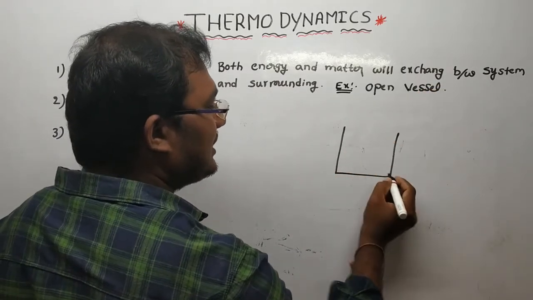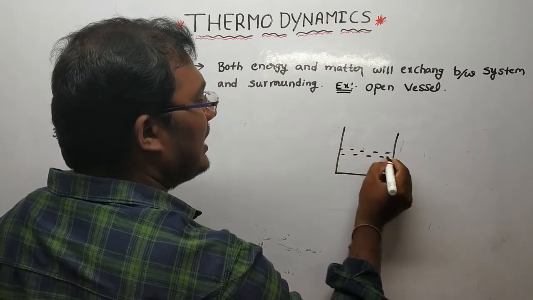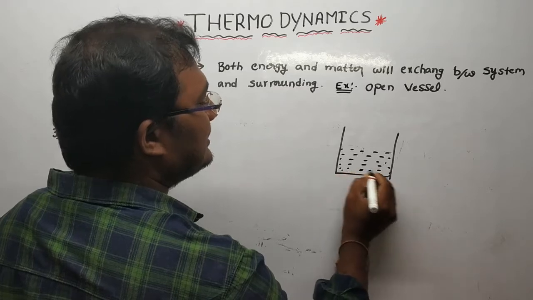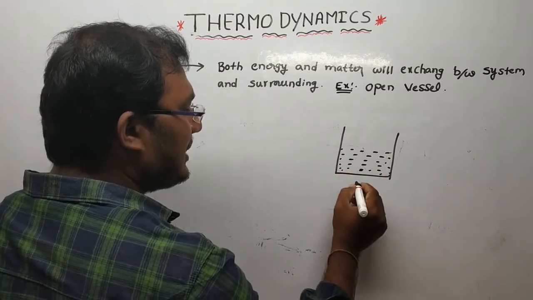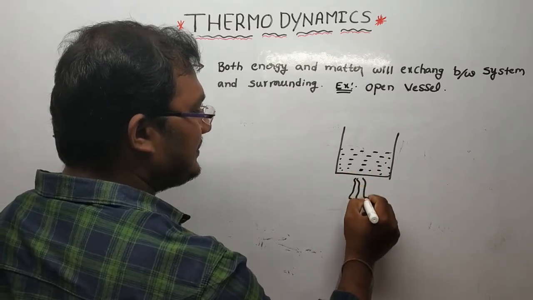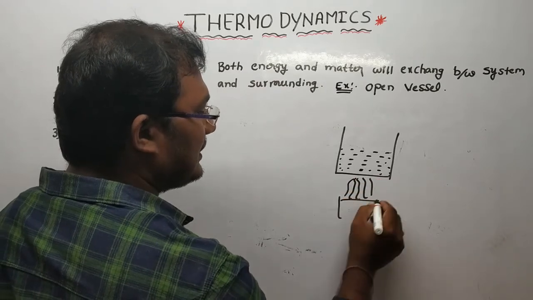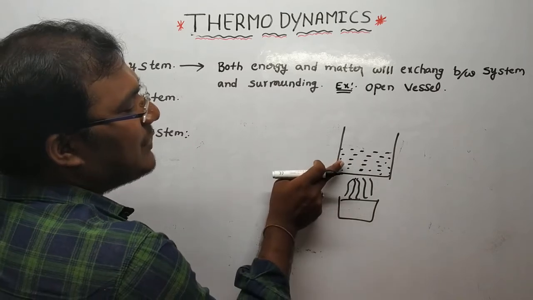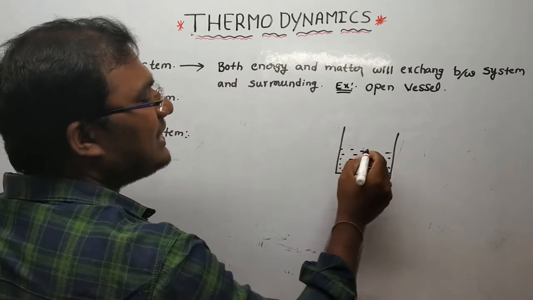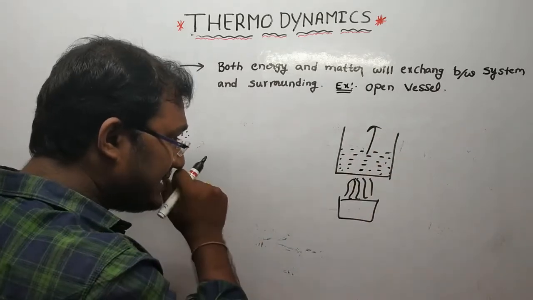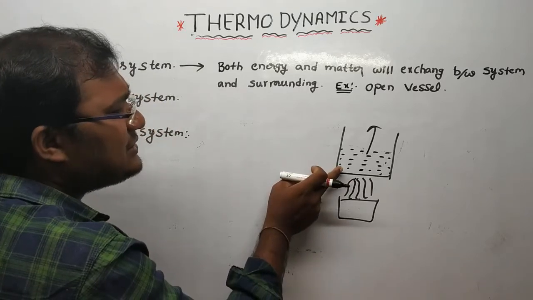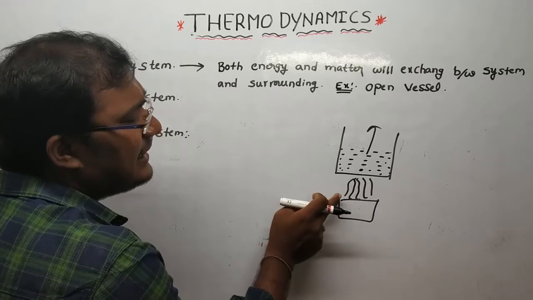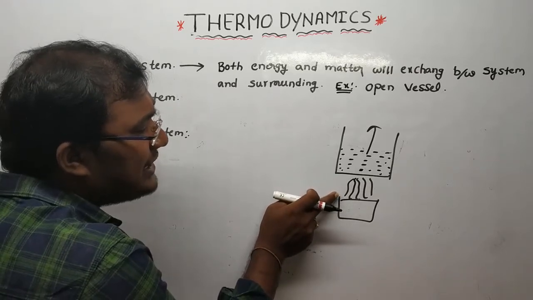Consider a vessel which is filled with water. By supplying some thermal energy, the water will boil. That means the water molecules are evaporated from the water surface. That means some matter will also exchange, and here the thermal energy is transferred from surroundings to system.